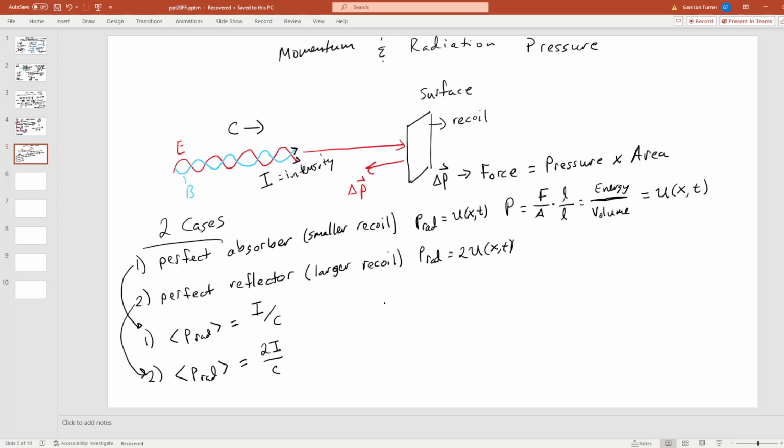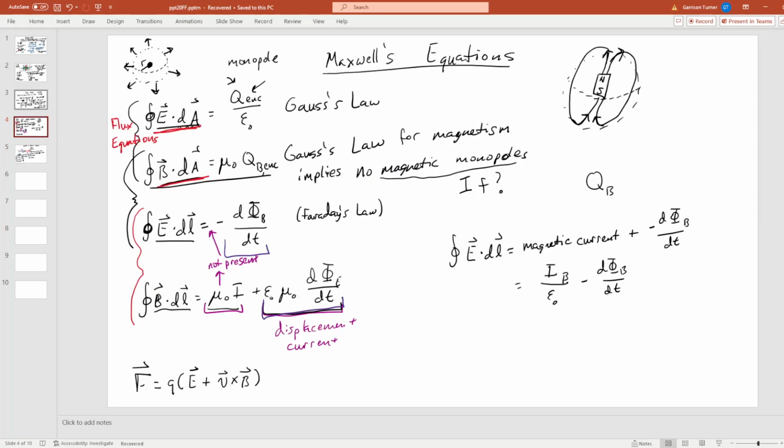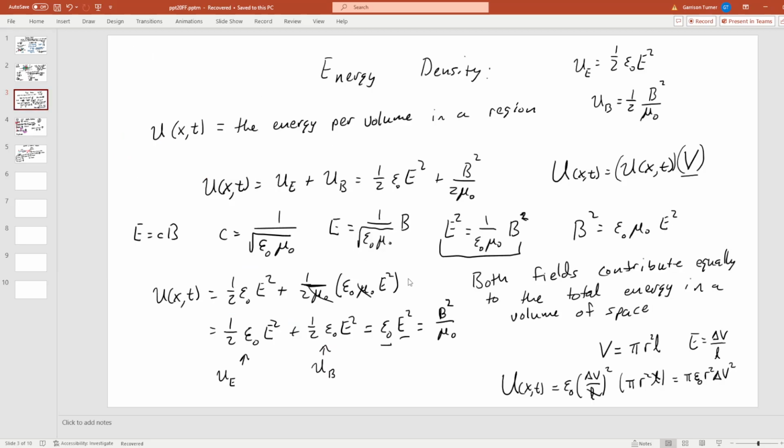And so if your radiation pressure is your energy density, remember from the previous discussion that this is equal to, well, we should have it up here actually. Up here, yeah.